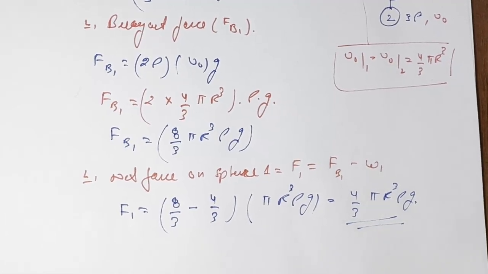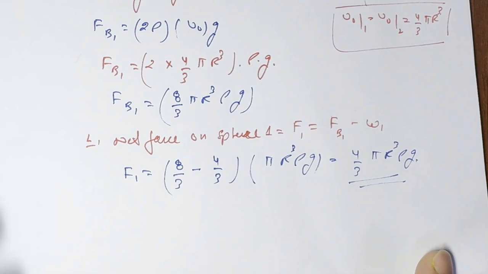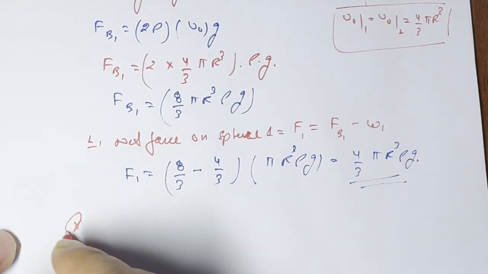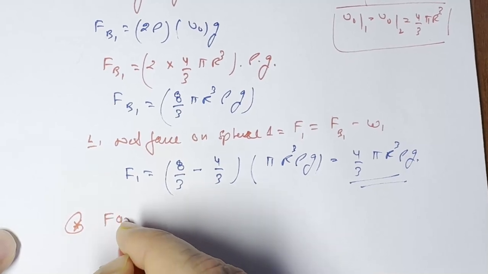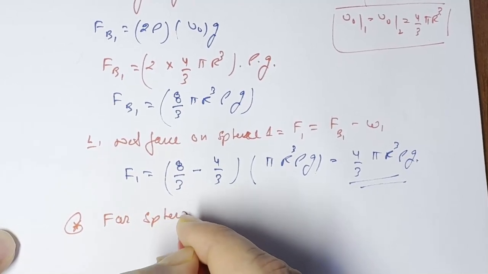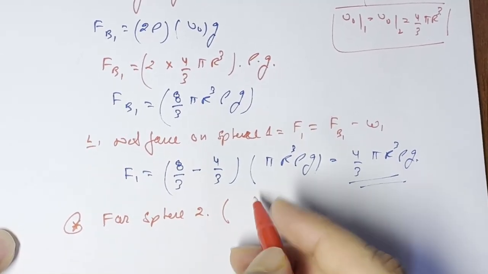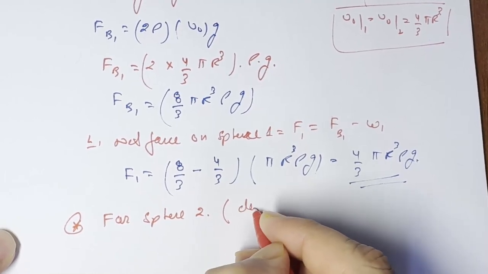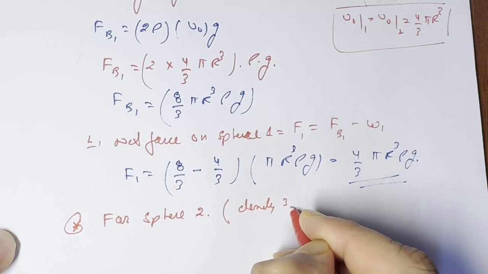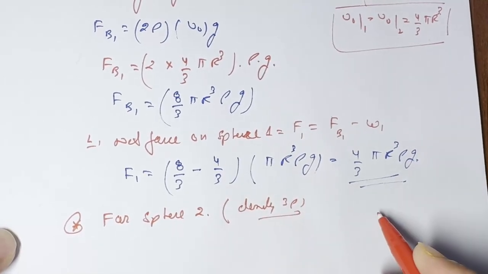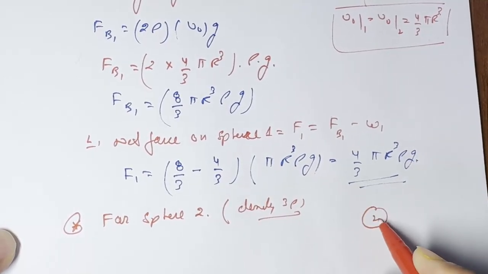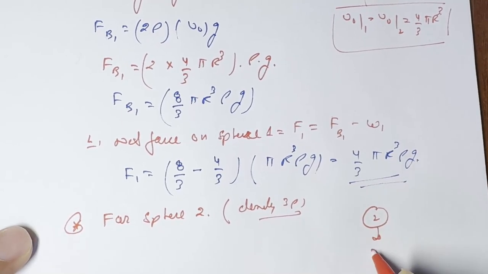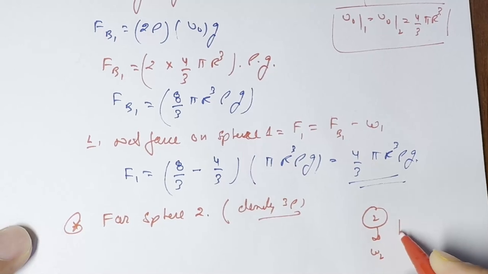Similarly, we are going to write all these equations for sphere 2 also. For sphere 2, which has a density of 3 rho, this is our sphere 2. In the downward direction, let us suppose that is W2.